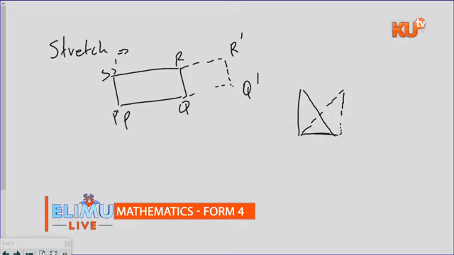If this is A, B, C, then I turn this to be C prime, and B prime remains the same point, A prime remains the same point. So this line on which A and B are lying is what we are calling the invariant line. Why? Because the points on this line do not change.